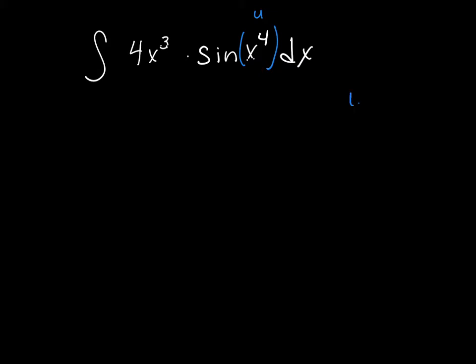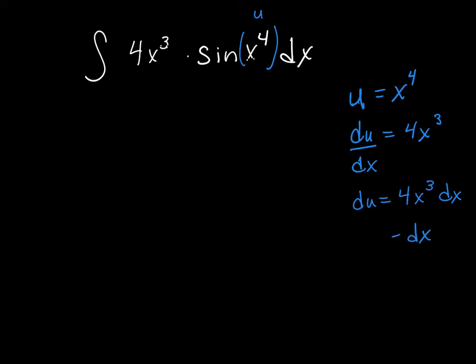So when you do that, u is just equal to x to the fourth. du dx is equal to 4x to the third. So du is equal to 4x to the third dx, or dx is equal to du over 4x to the third.